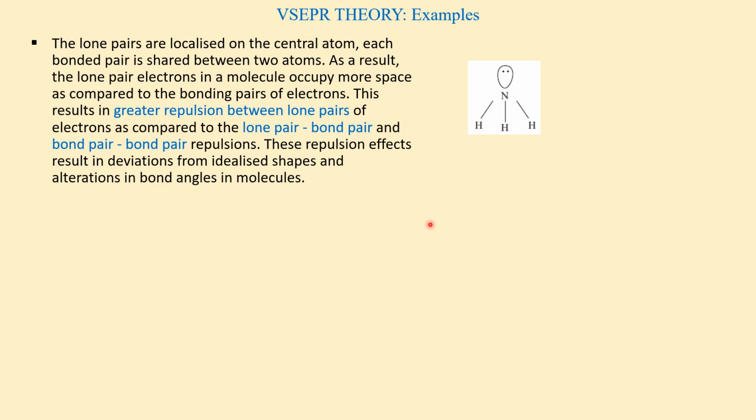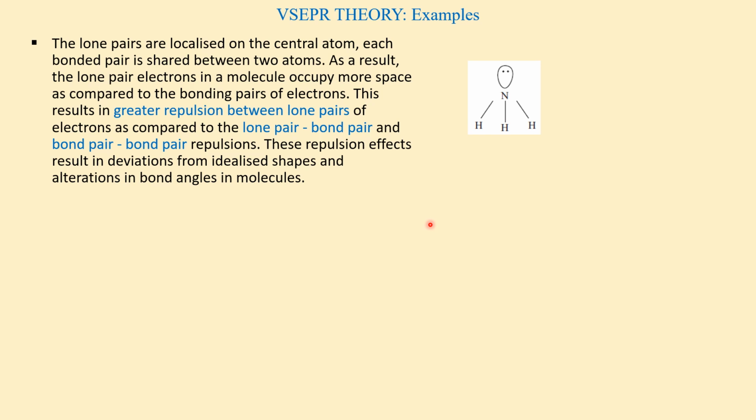The lone pair electrons in a molecule occupy more space as compared to the bonding pairs of electrons. This results in greater repulsion between lone pairs of electrons as compared to lone pair-bond pair and bond pair-bond pair repulsions.